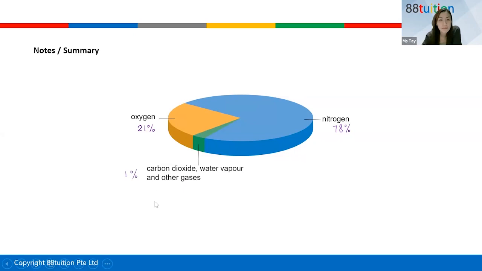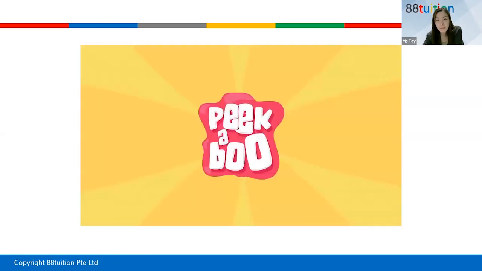Clear? That's all you need to know. You don't have to know exactly what the percentages are here, or what the other gases are. You're going to learn more about this in secondary school. So you don't have to worry so much.